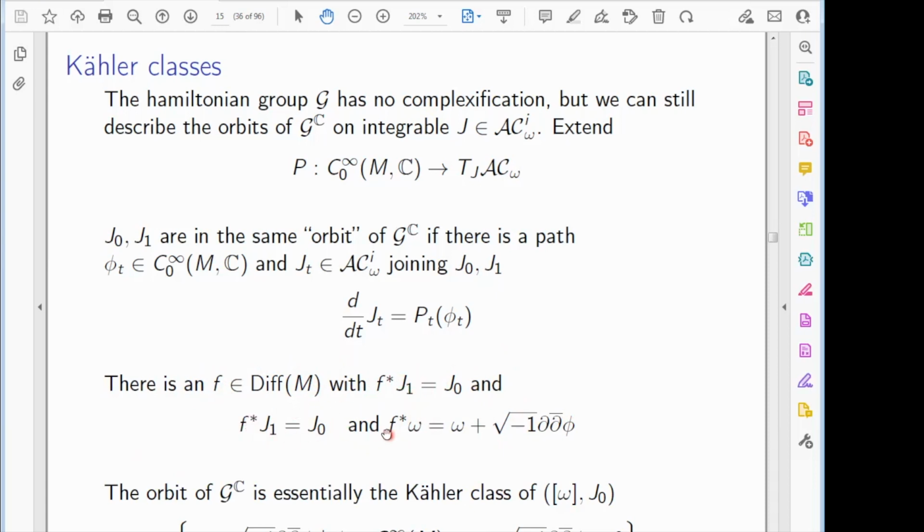So J1 will be compatible with the symplectic form if and only if the symplectic form pulls back to a Kähler metric.